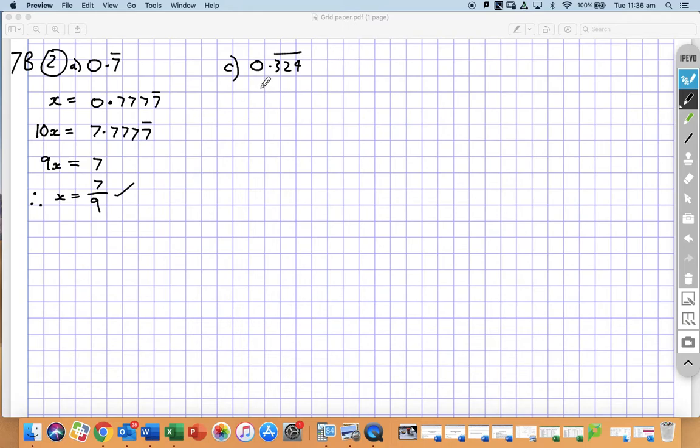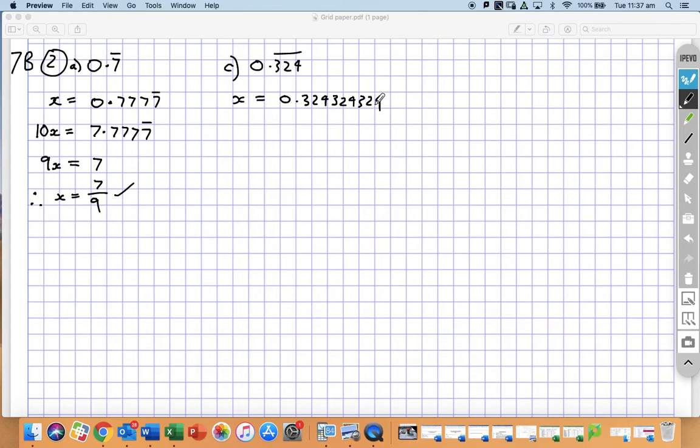If I looked at going to the thousandths, that's where the recurring pattern goes. We've got tenths, hundredths, thousandths, right? So x is 0.324, 324, 324, you get the idea.